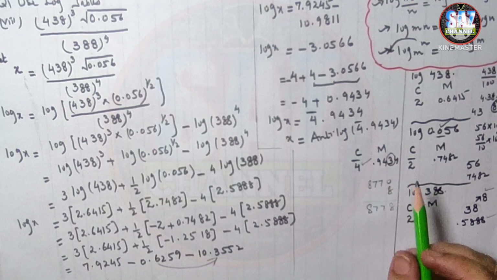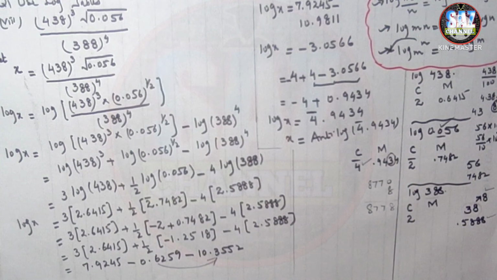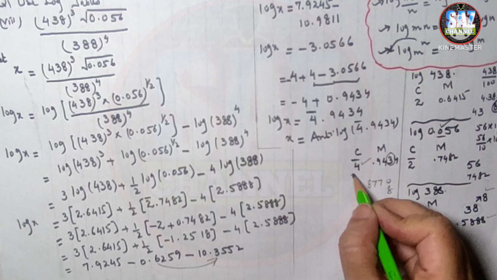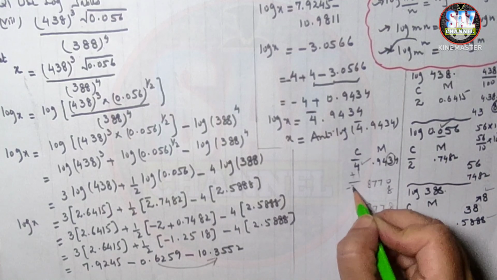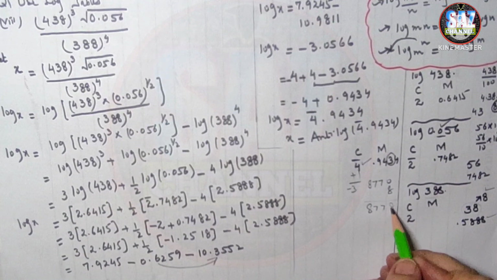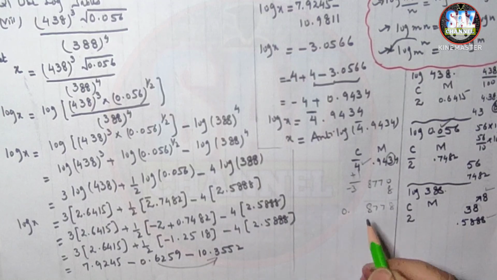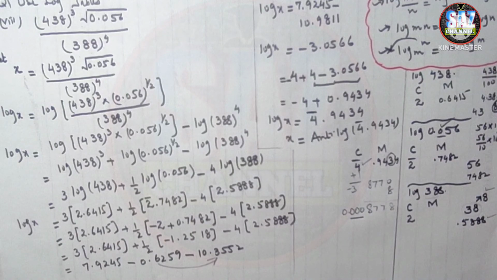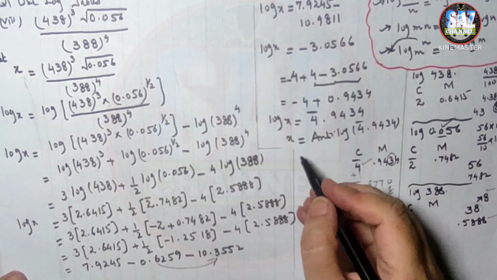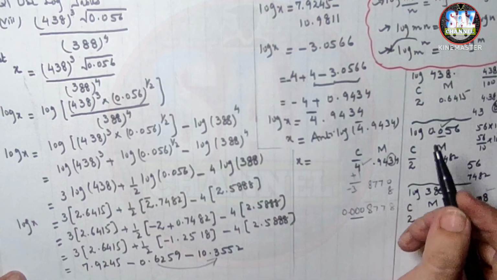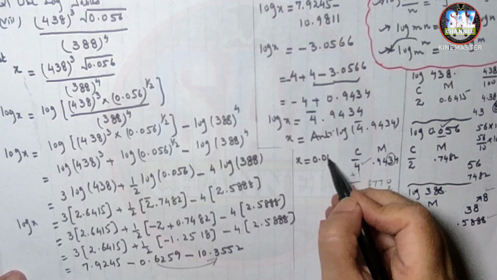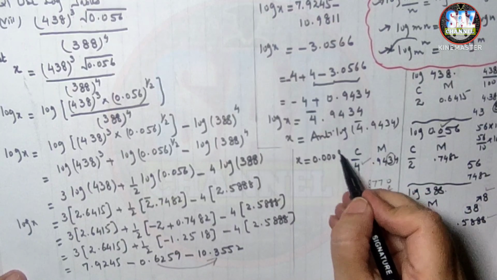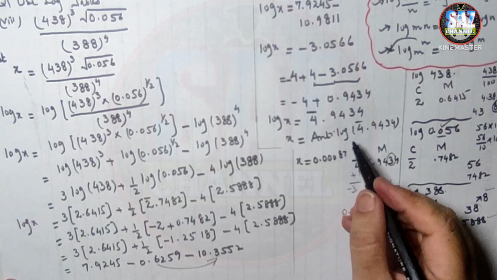So what we are going to do is we have to add 1 to the characteristic, and it will give me minus 3. That tells us that between the decimal and the number there have to be how many zeros? 3 zeros. So the required number will be 0.0008778.